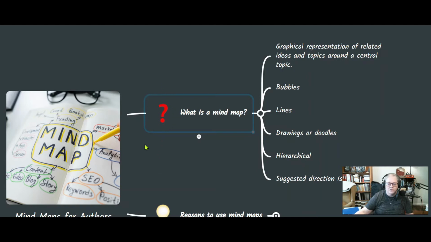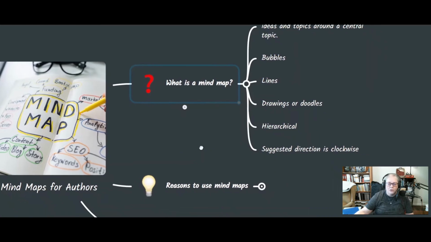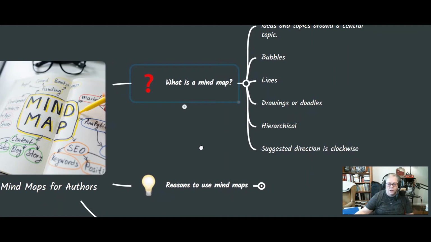I have embellished this mind map with art, and they are hierarchical in nature just by the way they're drawn. So you start with a central idea, you come up with big ideas around that, and then you break those big ideas into smaller ideas and keep branching until you're done.